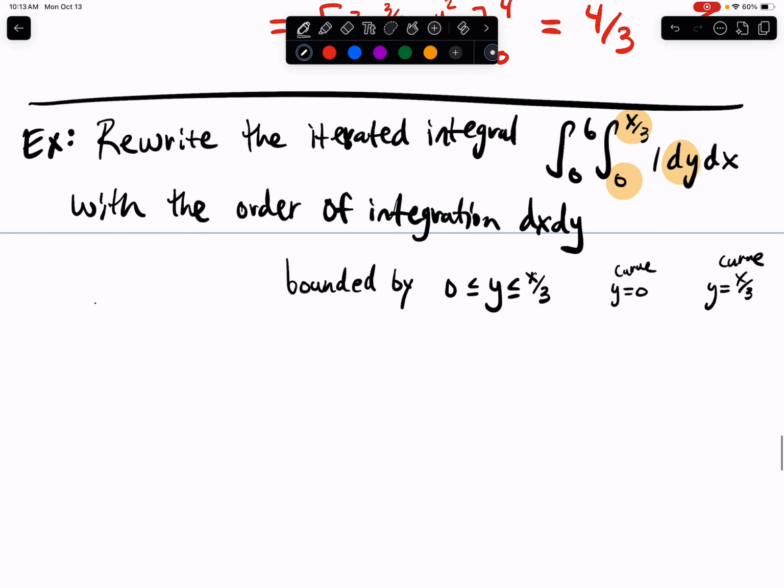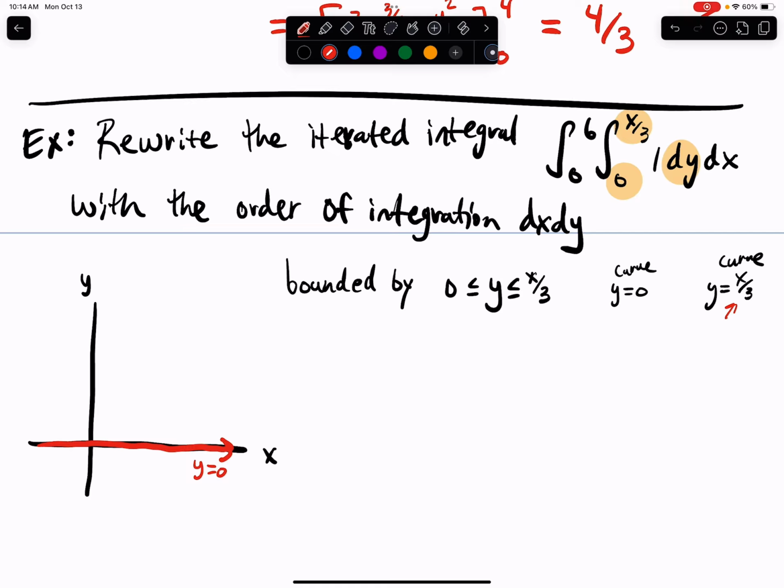Okay, so if I draw that, so the x-axis and the y-axis, y equal to 0 is the x-axis, isn't it? Okay, and y equal to x over 3 is going to look like this. Y equals x over 3, like that. And then it's bounded from what? Point to point.